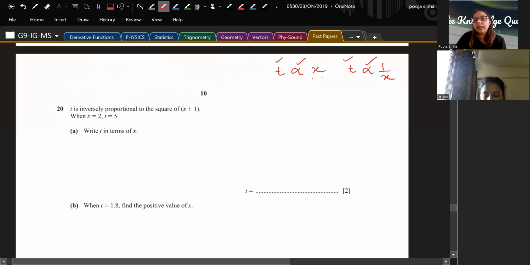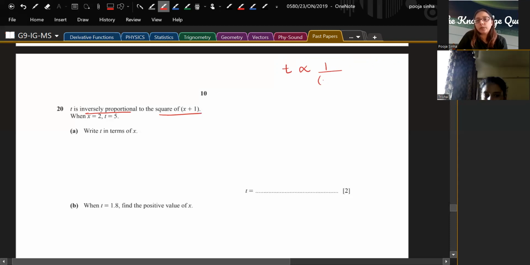Direct mein you just write X, indirect mein you write 1 upon X. Inversely ke liye 1 upon karna padega. And square of X plus 1. So this is inversely.